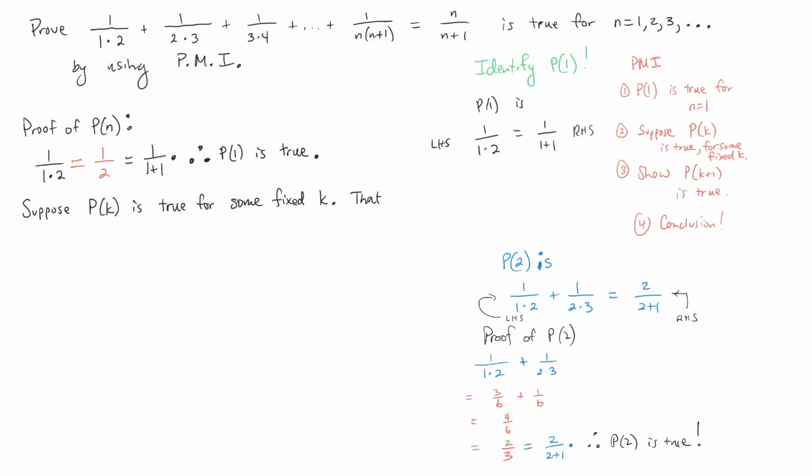That is, what do we have now? And I'm going to write this in a different color. That is, 1 over 1 times 2 plus 1 over 2 times 3 plus ... plus 1 over k times k plus 1 is in fact equal to k over k plus 1. We know that is true. Period.